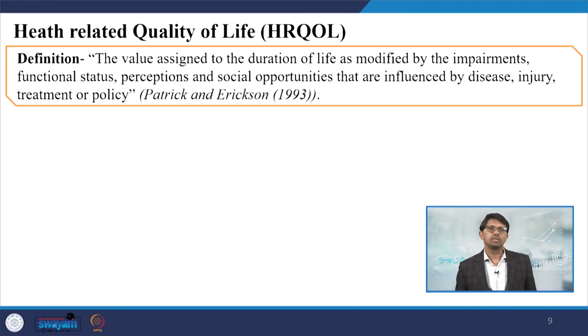In definition, the HRQOL is defined as the value assigned to the duration of life as modified by the impairments, functional status, perceptions and social opportunities that are influenced by disease, injury, treatment or policy, mentioned in the writing of Patrick and Erickson 1993.